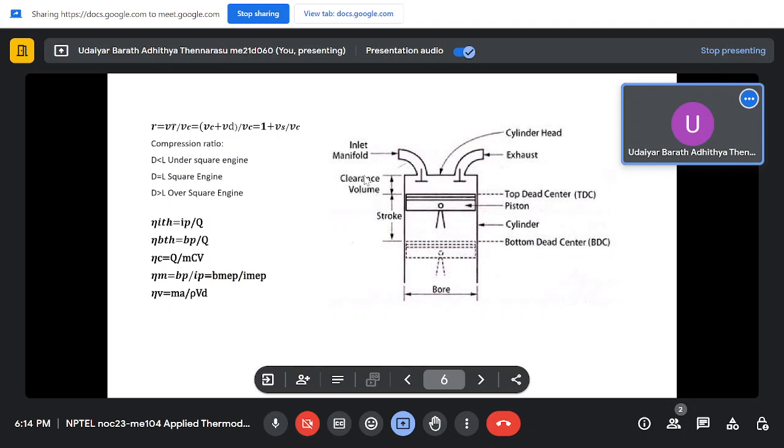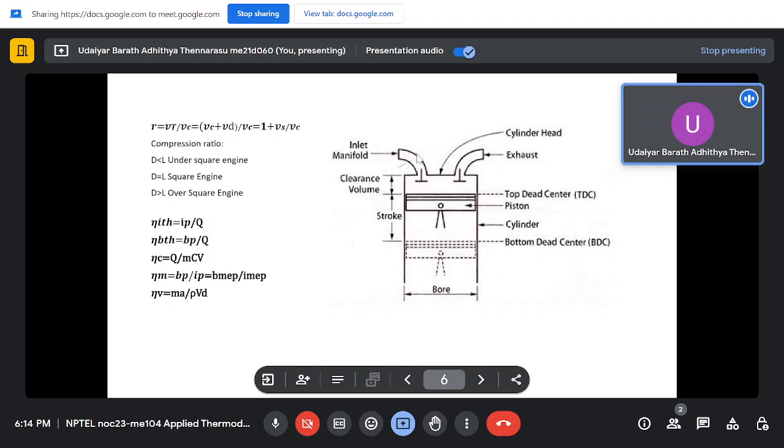And the volume in the cylinder at the top of the piston, the minimum volume which is left when the piston reaches the top during the cycle, in the combustion chamber, is called the clearance volume.